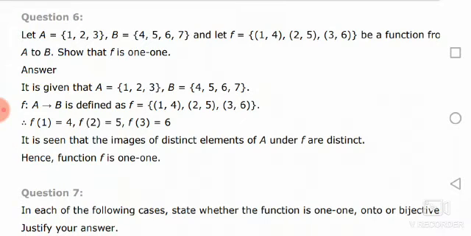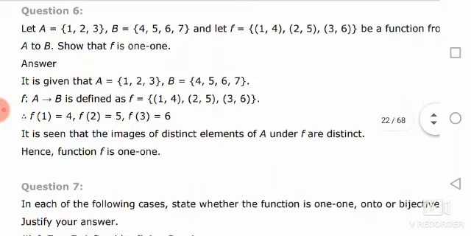F is a function defined from A to B. Then you have to show that f is 1 1.